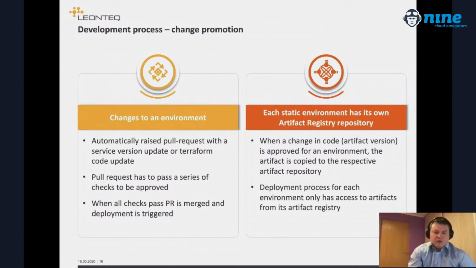And then in the promotion process, when we have signed off some code for the environment, we copy the image over to this repository. So we never rebuild. We build the image once, and then we just copy it to the places where we want to deploy it.